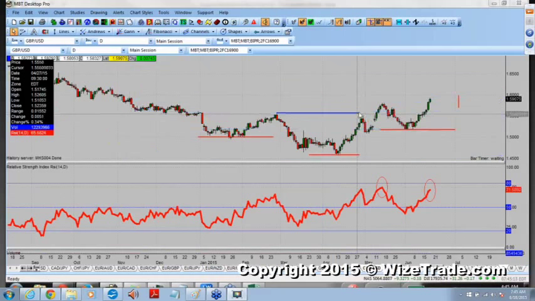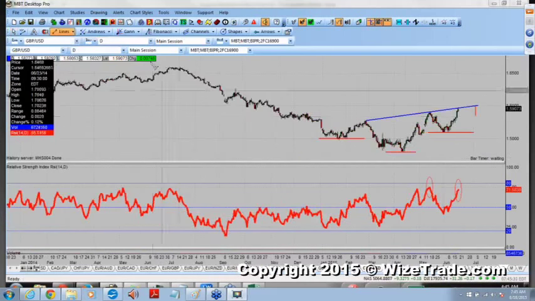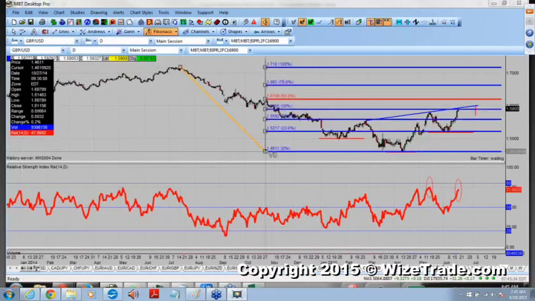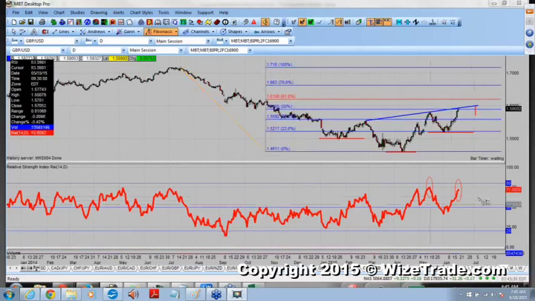Let me remove that for a second. I just want to redraw the neckline that I screwed up here. Let's do that. And let's go back and go like this. So let's figure out where resistance is today.